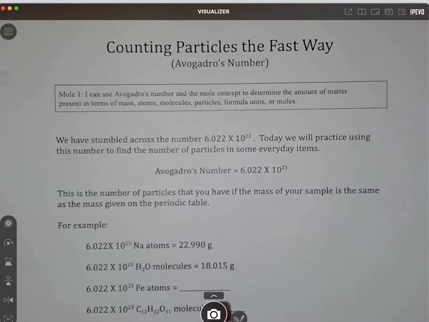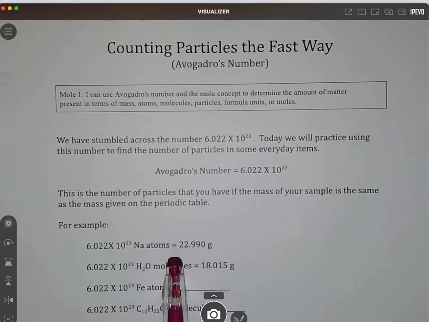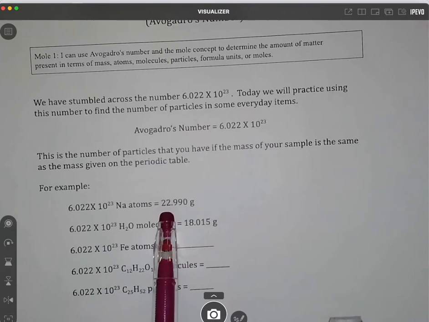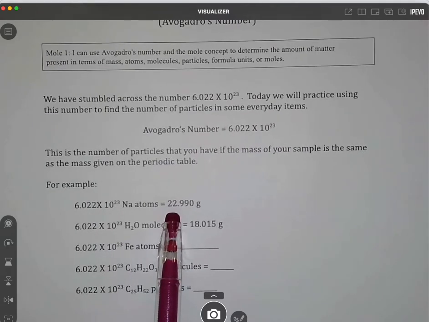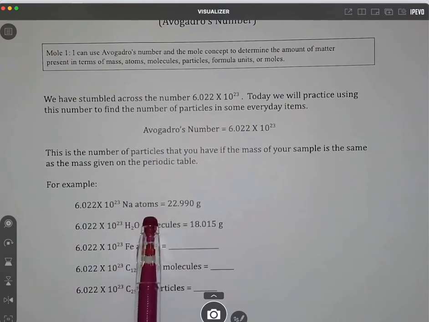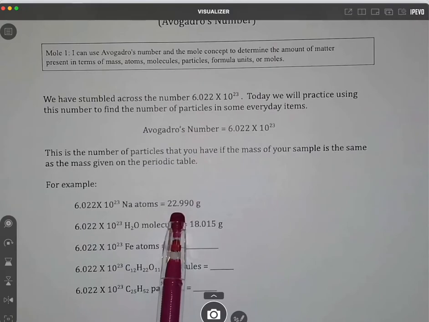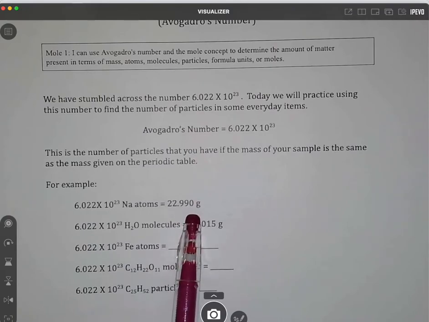Some examples of that: sodium has an atomic mass of 22.990 AMUs, and that's the mass of one sodium atom. Avogadro's number of sodium atoms weighs the same, but in grams.